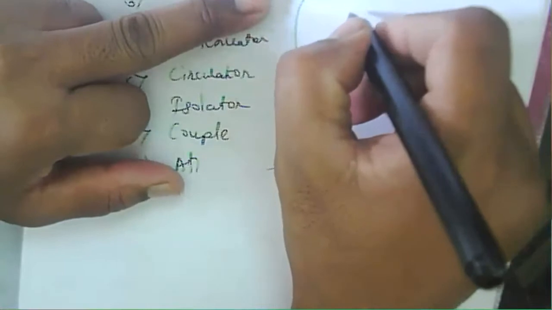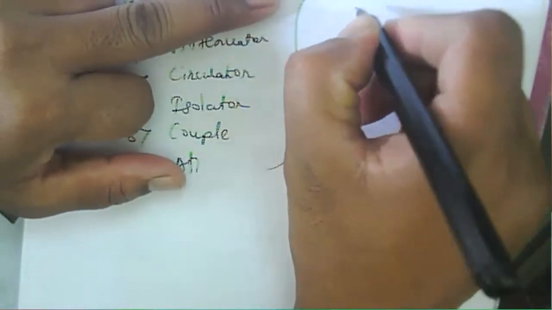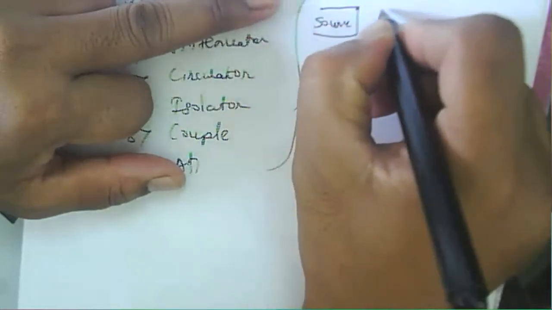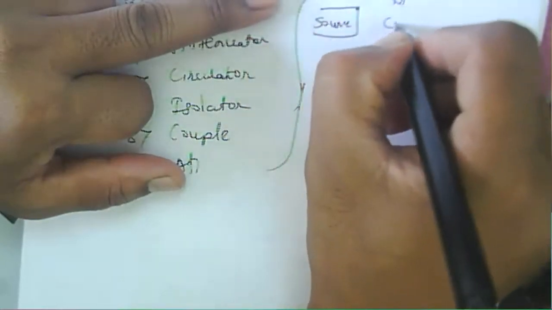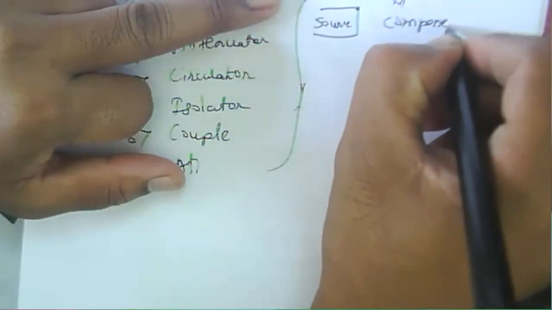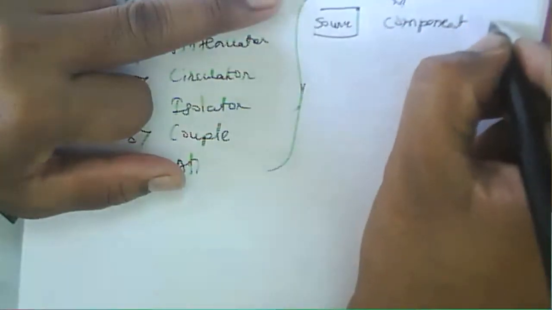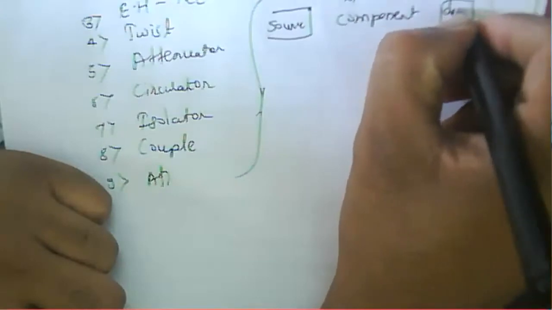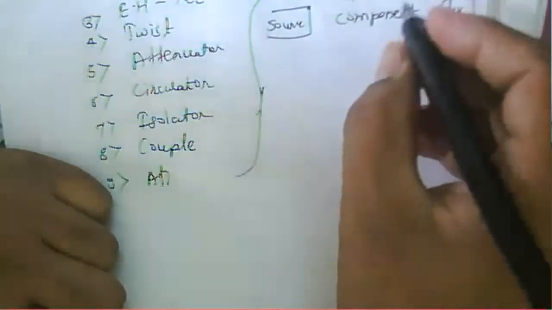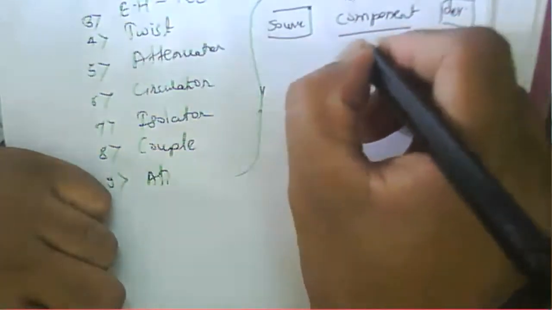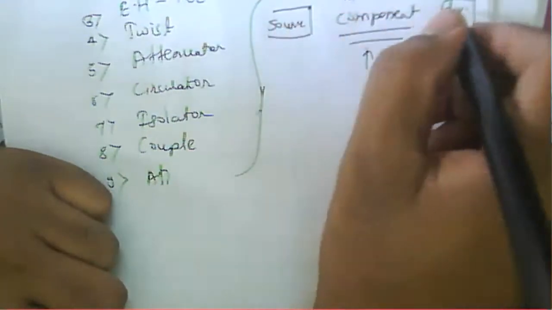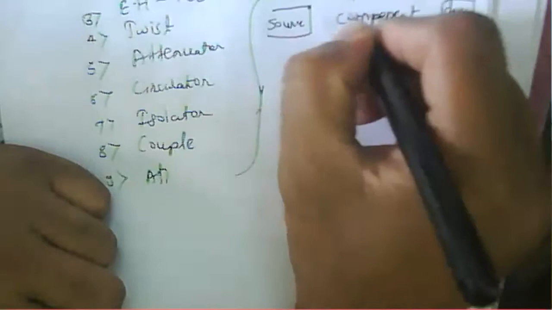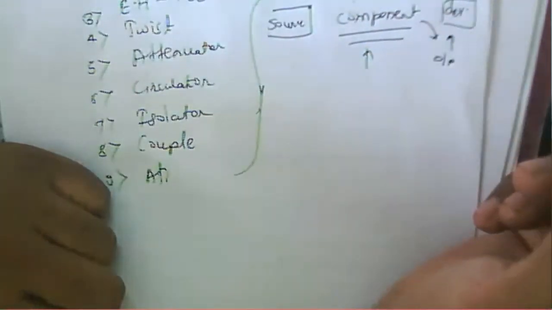But for each and every component, we need to connect our source to the various components, or we use some particular device to be connected, any device. So now, when we are connecting this particular component to the source or some particular device, we are expecting an output from the given component.